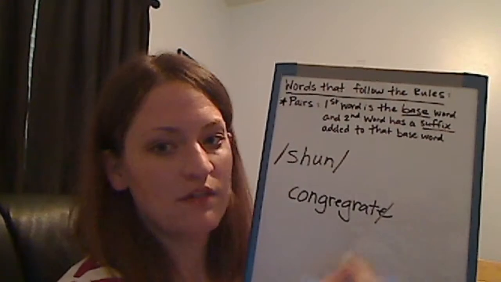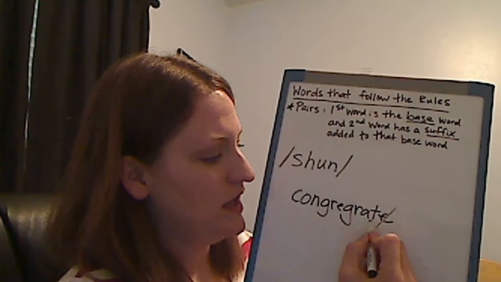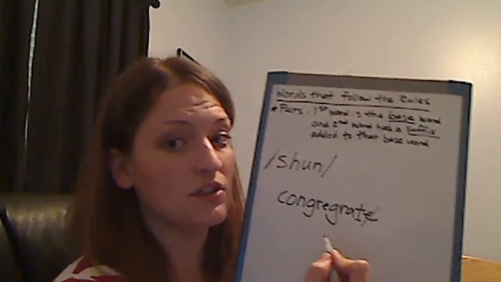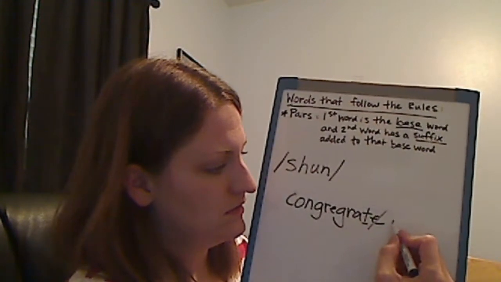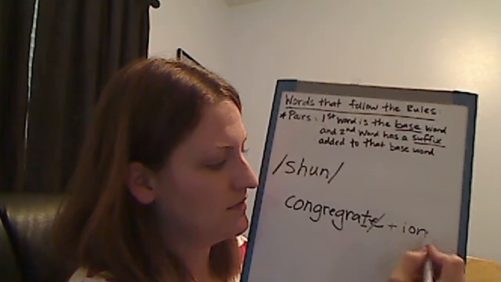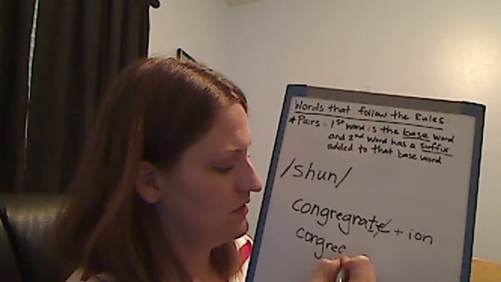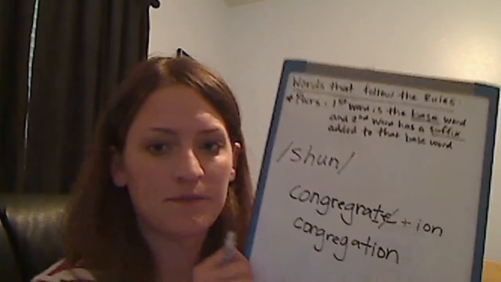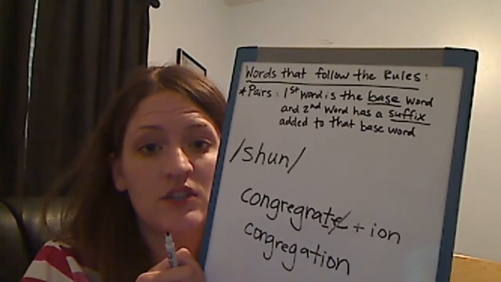First of all, we have to take off that E. And whenever your base word ends in a T and you want to add the suffix shun, you just add ION. Okay, so which then spells your second word, congregation. Okay, so that's one way that you'll see shun used this week.